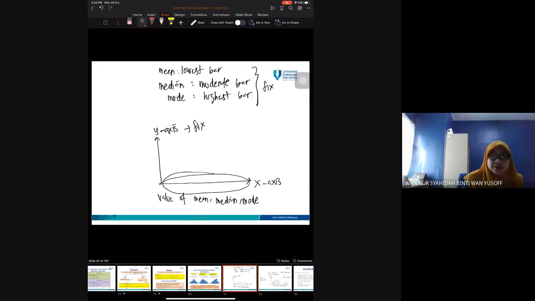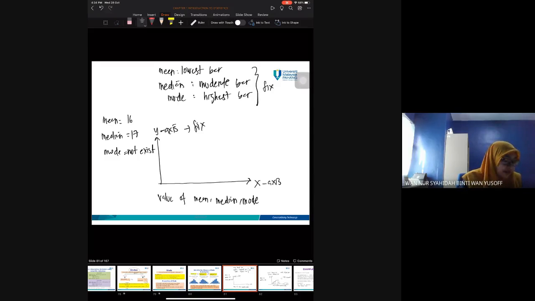For example, say there is no mode in our data. Let's say our mean is equal to 16, our median is 17, and mode does not exist. So you can plot.